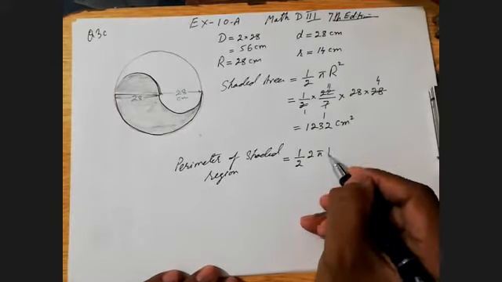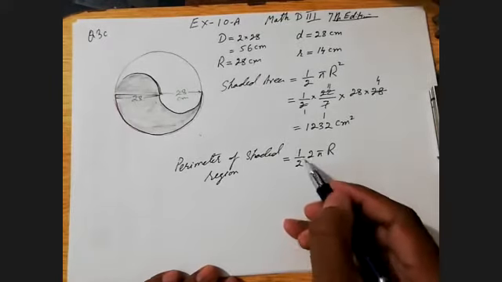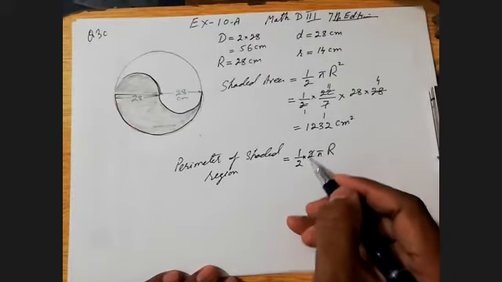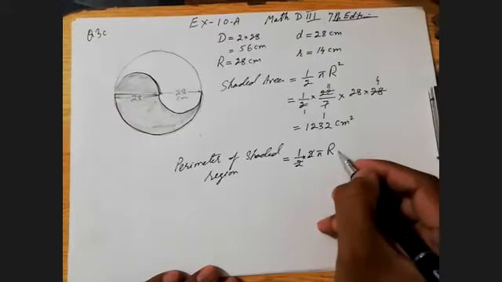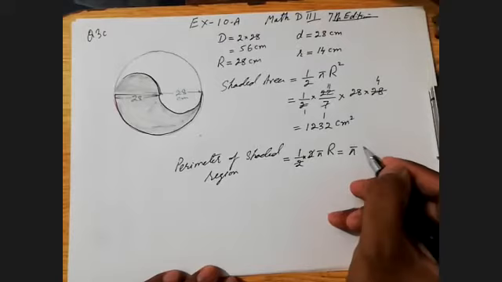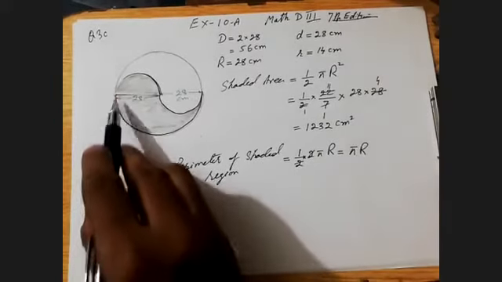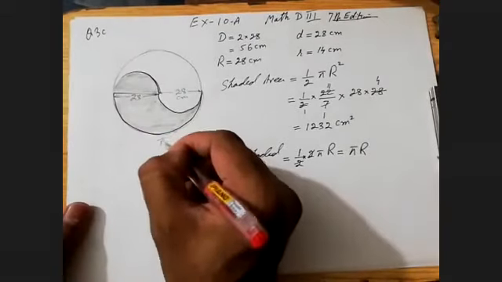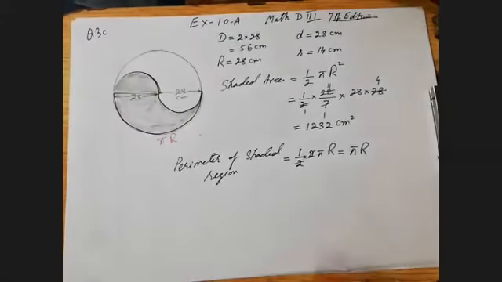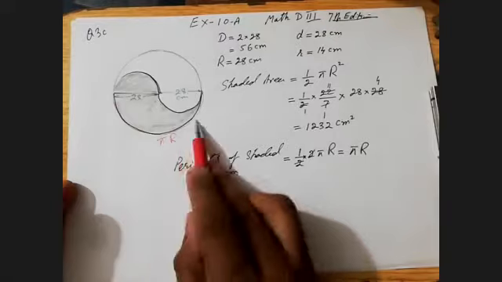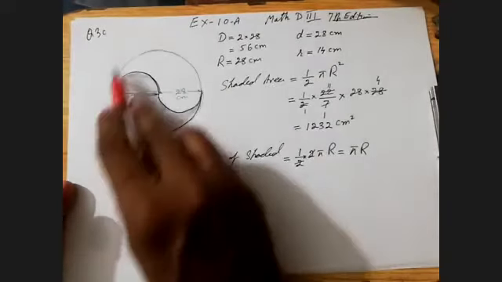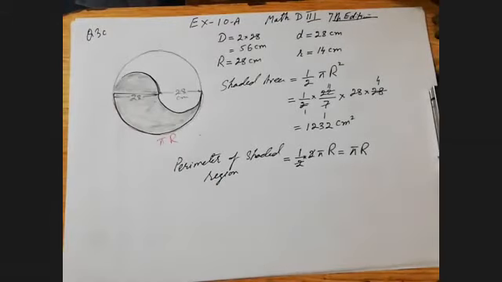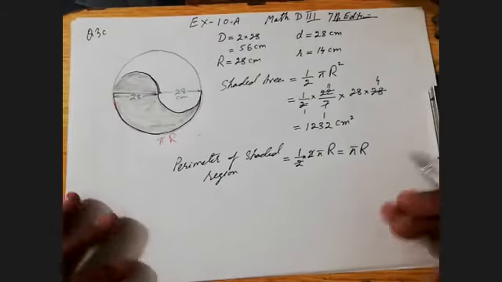Instead of writing half 2 pi r, because you know that these two are canceling each other, we can write pi r. So this red line can be calculated as pi r. This is the pi r, because 2 pi r is the full circumference of the circle and pi r is the half circumference of the circle. Okay.